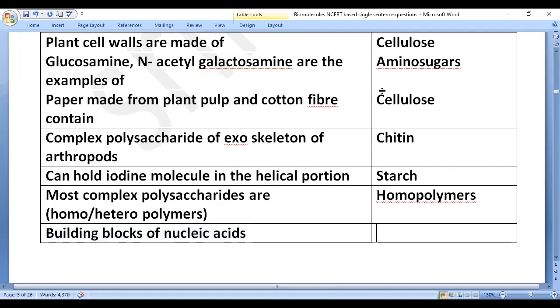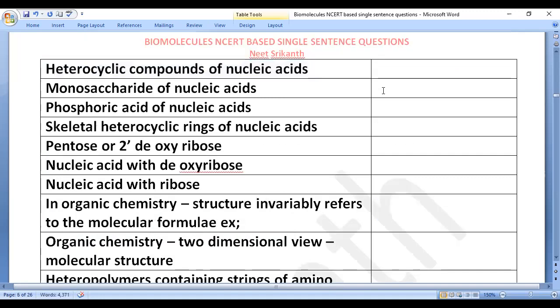Building blocks of nucleic acid: nucleotides. Heterocyclic compounds of nucleic acid: nitrogenous bases. Monosaccharide of nucleic acid: ribose sugar. Phosphoric acid of nucleic acid: phosphate.